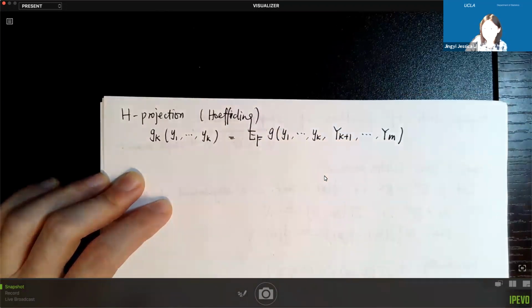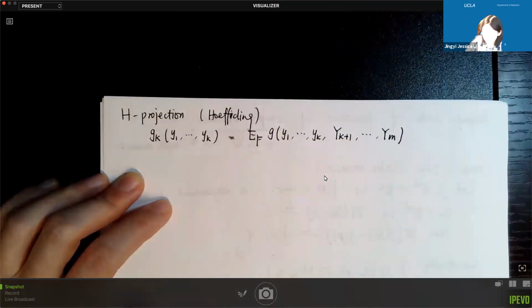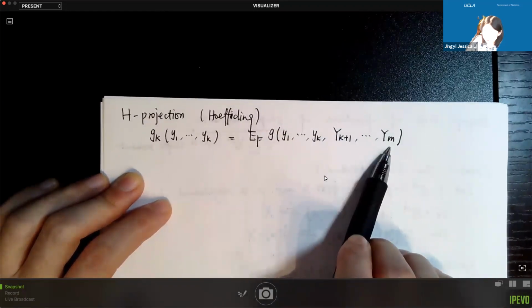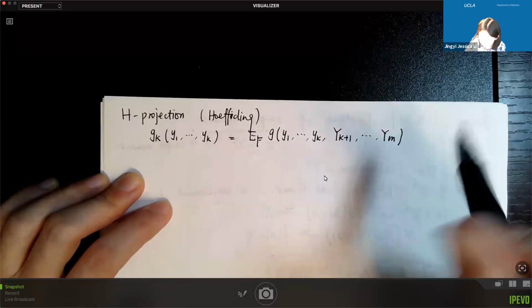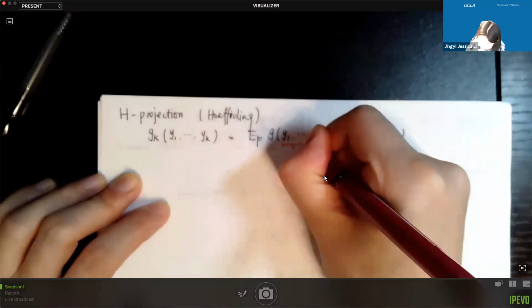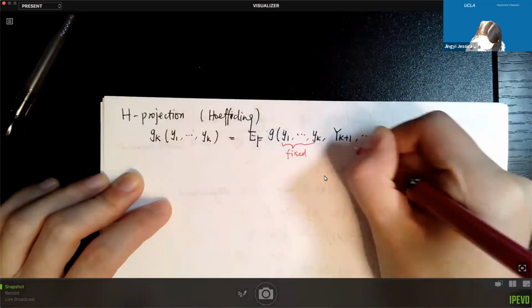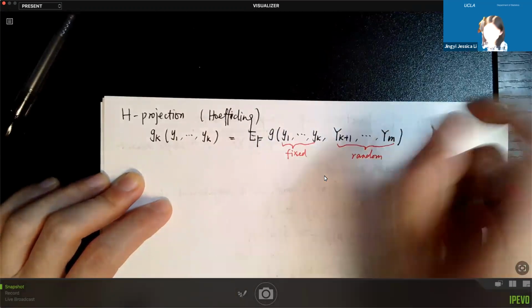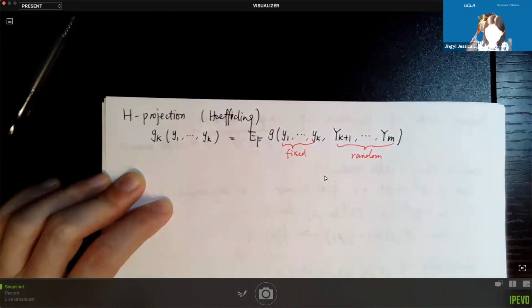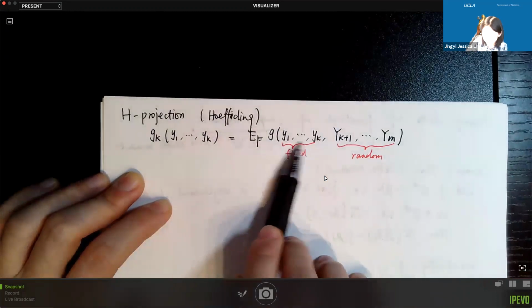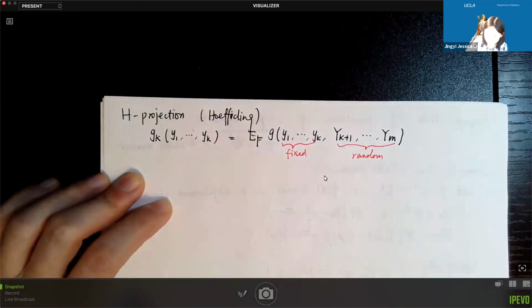In other words, when we take the expectation, these are the only random arguments to be taken care of. These stay fixed. So that's what we mean. Now we can go general. What if we replace these by random variables? Now we're actually in the conditional expectation scenario.